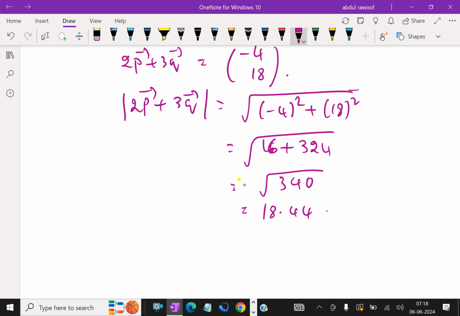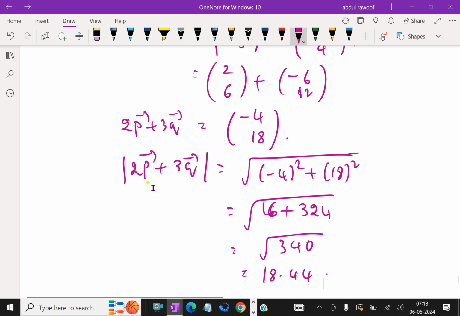So we got the length of the vector 2P plus 3Q.